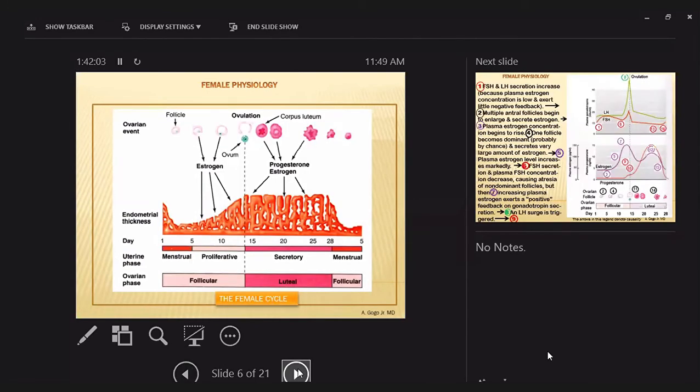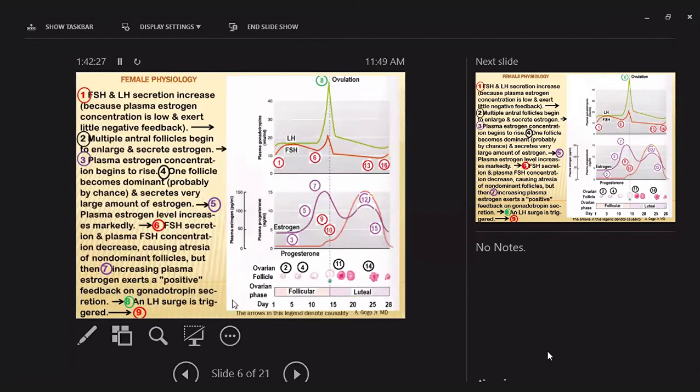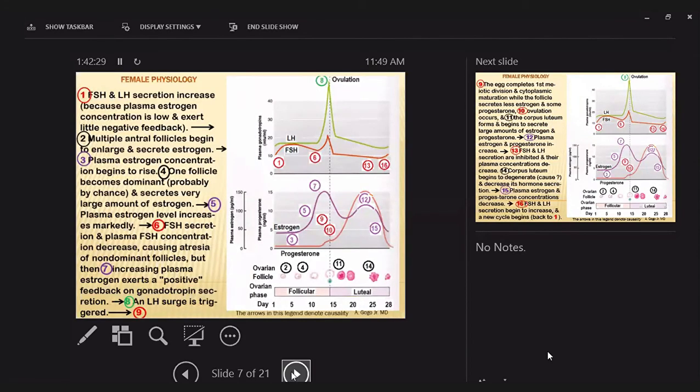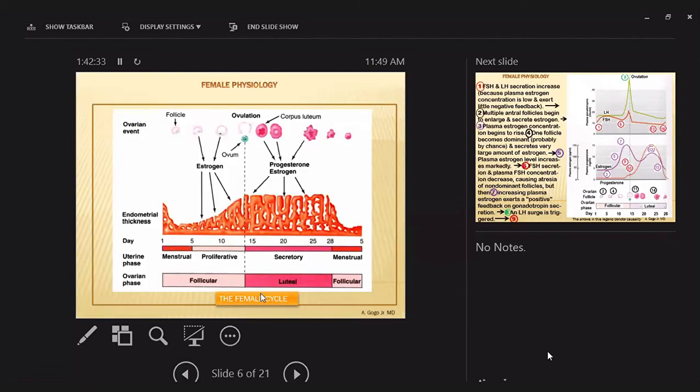Your progesterone this time will predominate through your corpus luteum. Your corpus luteum is the one that will produce plenty of the hormones. Then when the corpus luteum will degenerate, the amount of the hormone will decrease also.